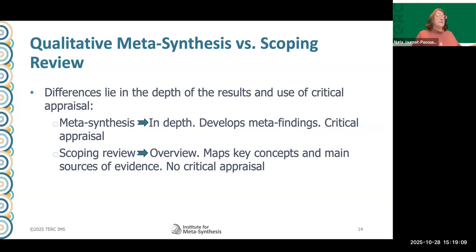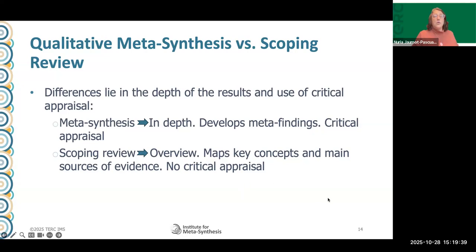A scoping review differs from a metasynthesis in the sense that it does not employ systematic methods to identify the literature or formal analysis methods, and also it does not assess the rigor of the literature, something that the metasynthesis does do. And we will learn about this critical appraisal later on when Christina presents.